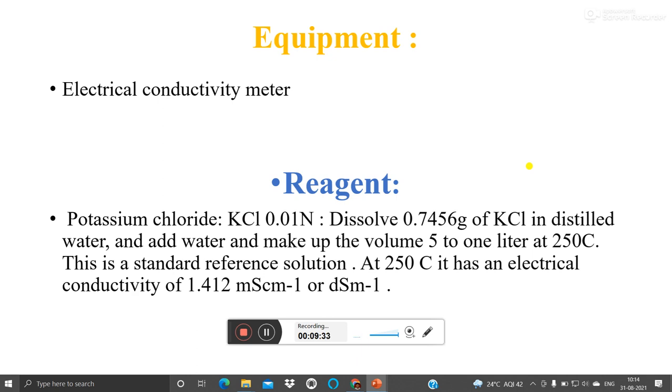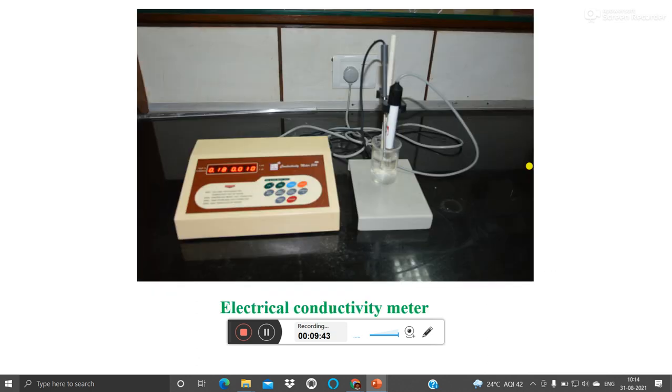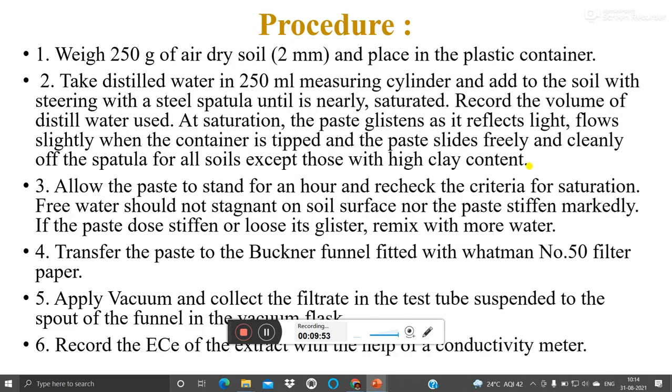At 25 degrees Celsius, it has an electrical conductivity of 1.412 millisiemens per centimeter or decisiemens per meter. With this electrical conductivity meter we measure the EC of the soil extract.